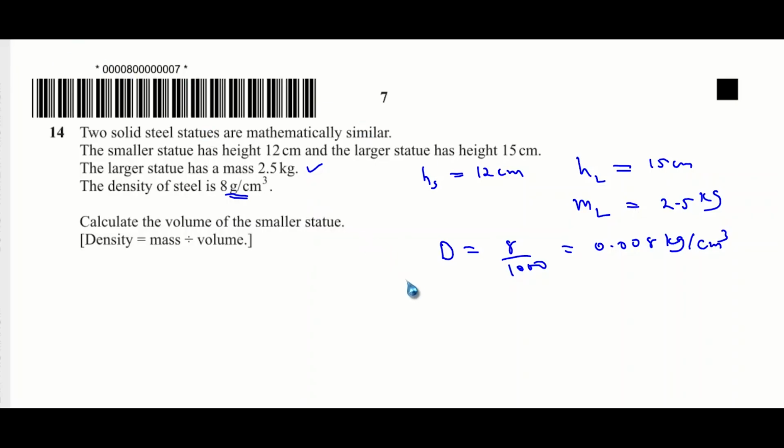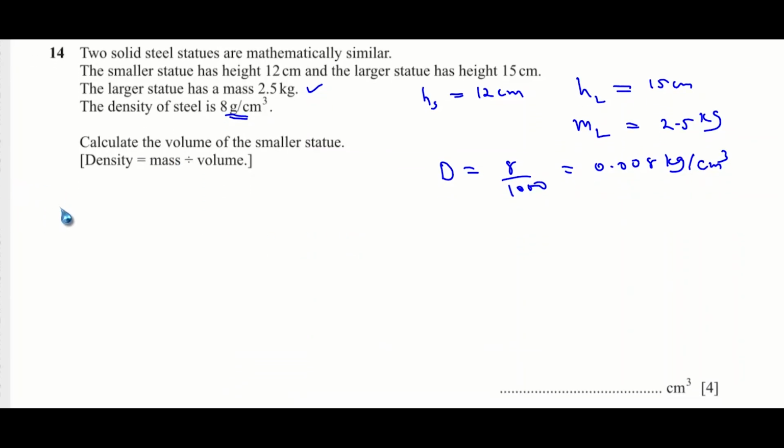So from here we can find the volume of the larger statue. Making volume the subject of the formula, it will be mass over density. The mass is given as 2.5 and the density is 0.008.